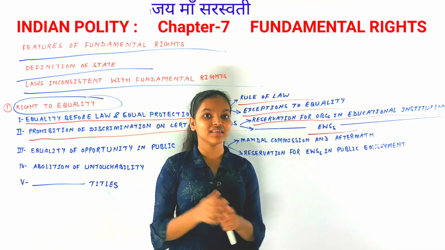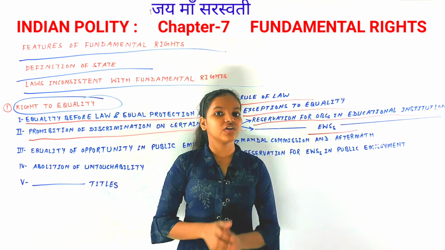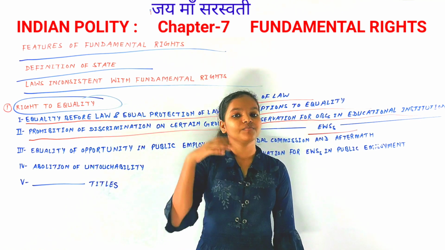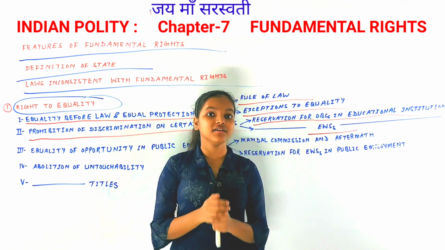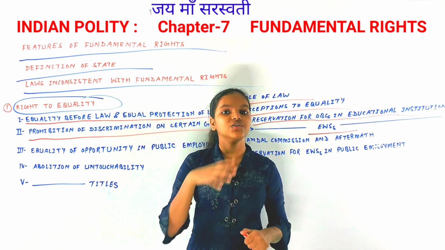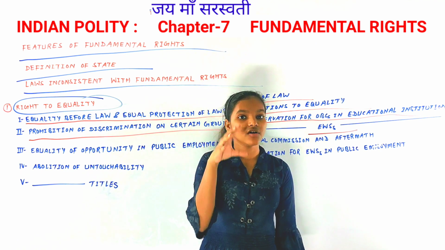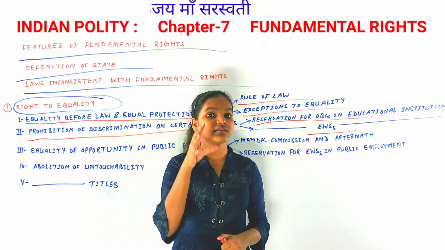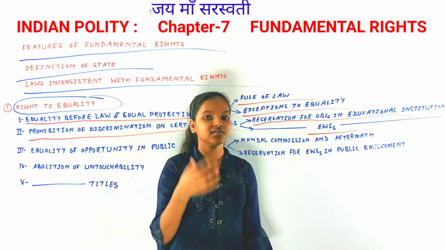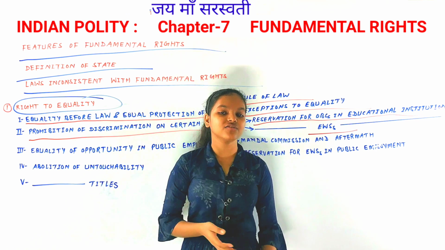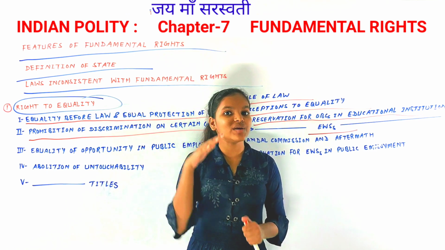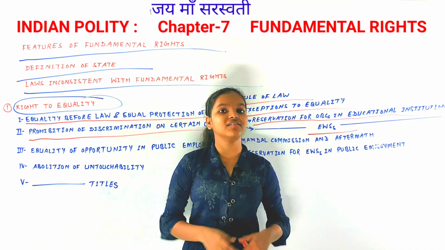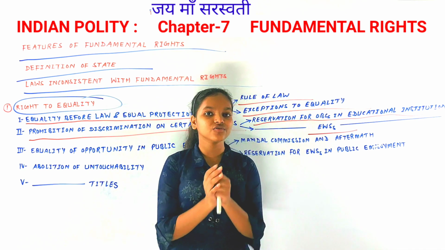As I've already said, they got a reservation of 10%, and there is some eligibility criteria. The person's gross annual income, or his family's gross annual income, should be less than 8 lakh rupees, and here income would include all sources of earnings.